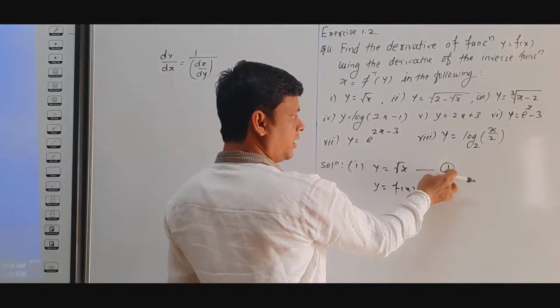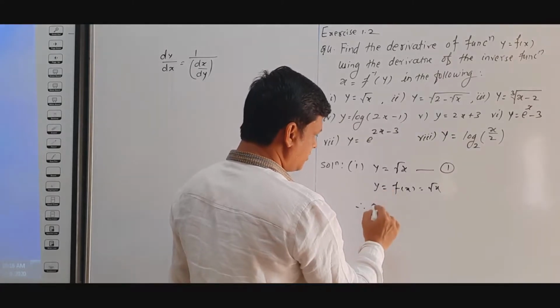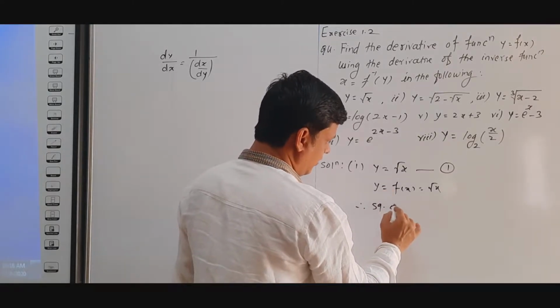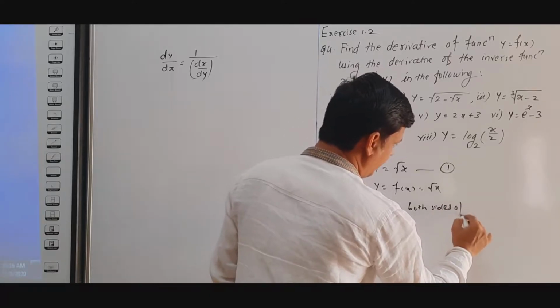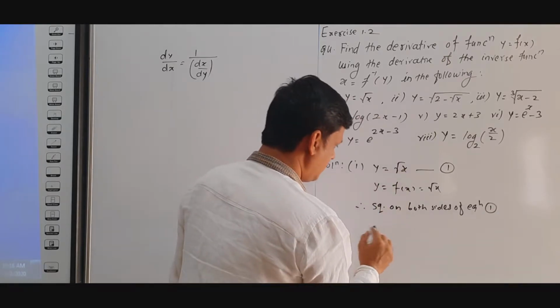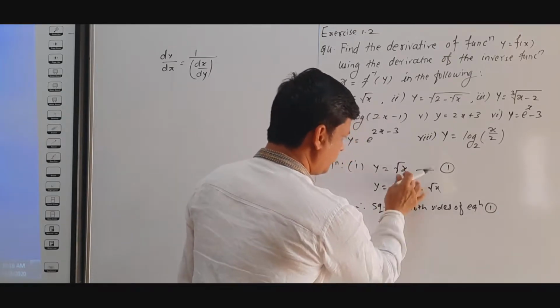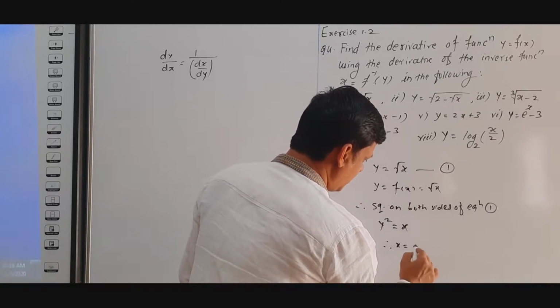So we convert this equation 1, x in terms of y. So we write squaring on both sides of equation 1. So when we square, we write here y square equals, square and square root get cancelled. So y square equals x, that means x is equal to y square.